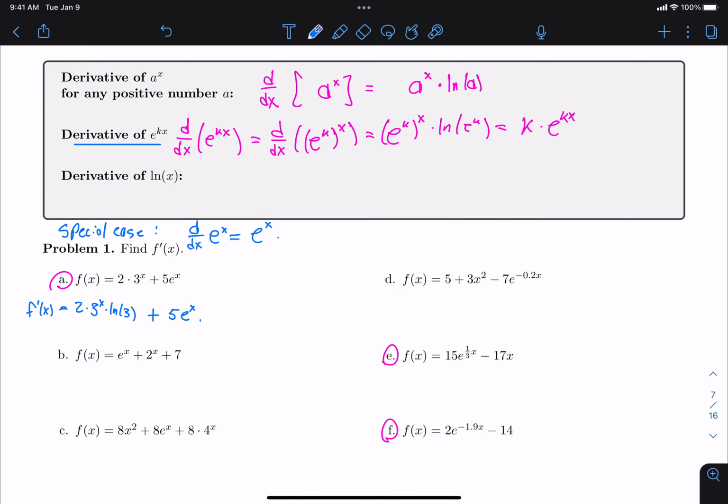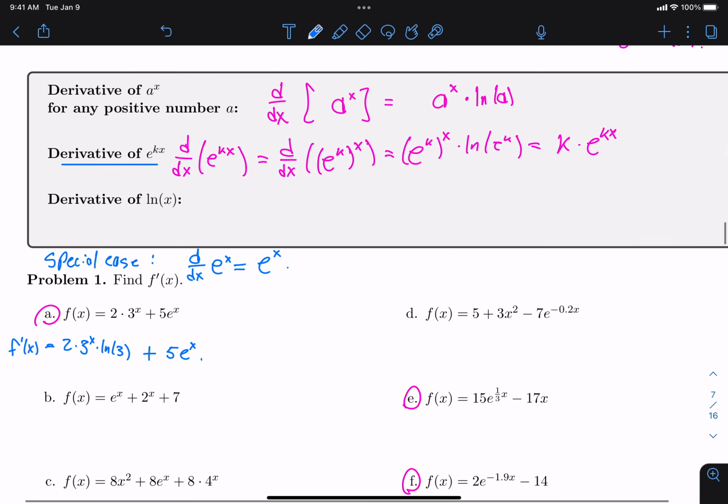Why isn't the 5e to the x like the ln to the 5? Okay, so why is there no ln of 5 here, was the question. So the answer is because the rule says the derivative of a to the x, right, is a to the x times ln a.